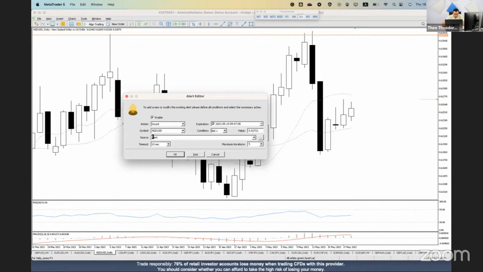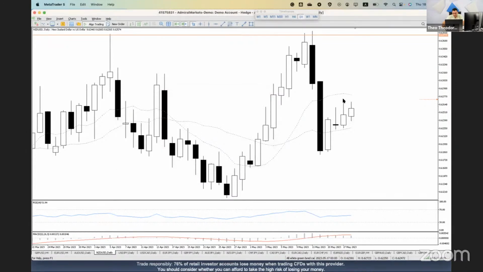Anyway, I will sort it out later. Now, if the price is going to move higher than this point here, I will receive the alert and I will come to place a sell stop order below the open of yesterday's candle, because that's a potential bearish engulfing candle.